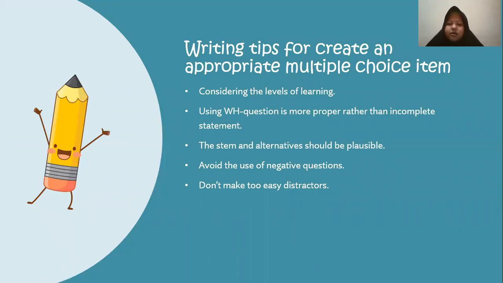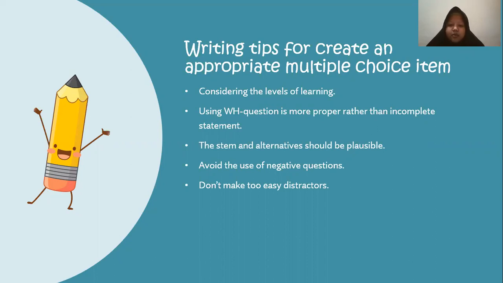Actually, there are 2 levels of learning, such as higher order learning and lower order learning. To get the learning outcome of higher order learning, the teacher can create multiple choice items that order students to analyze, to evaluate, and to create something.